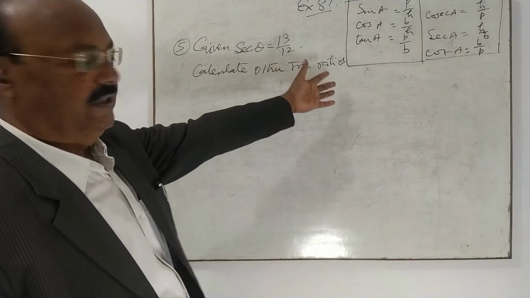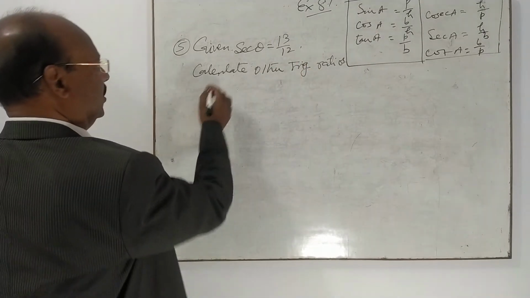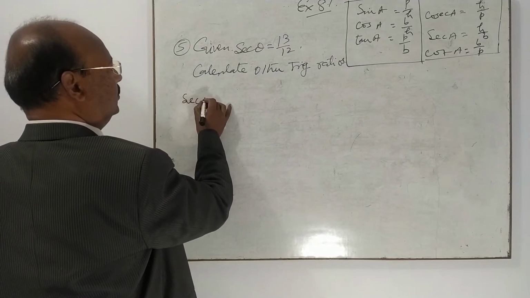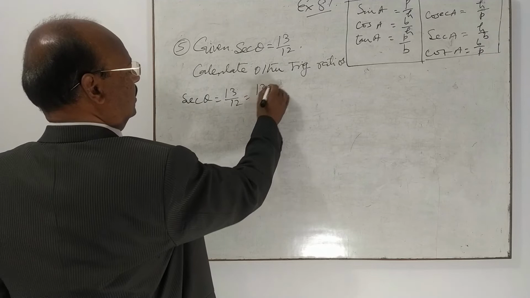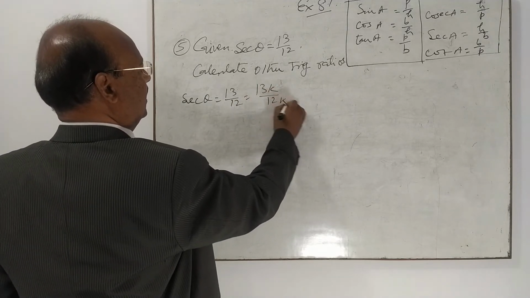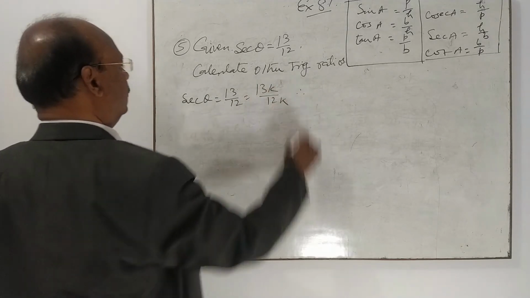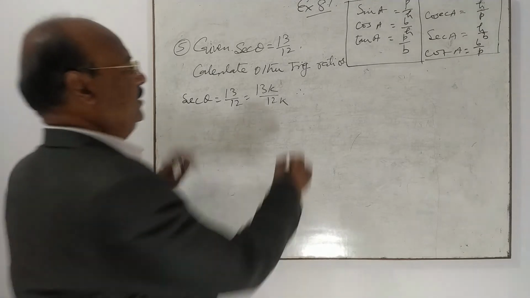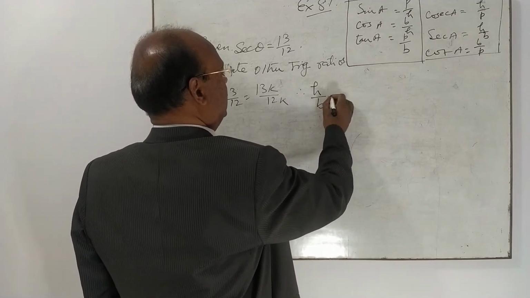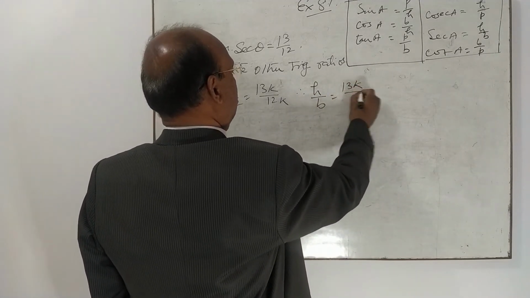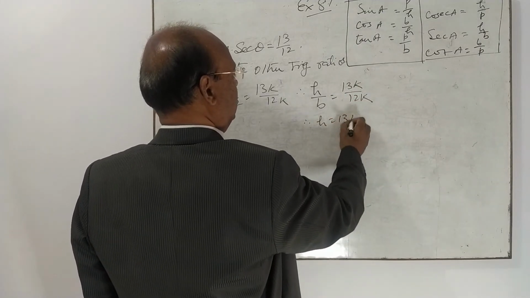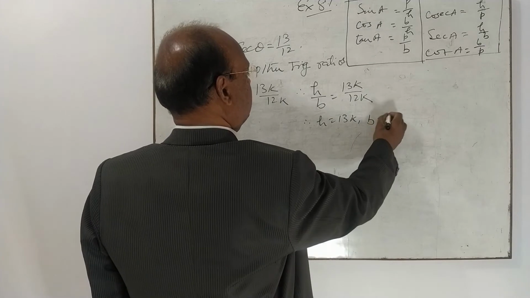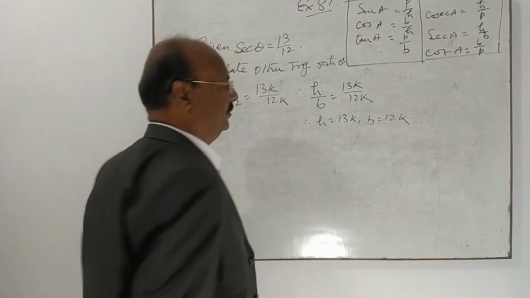Just as we did in the previous question, sec theta is given as 13 by 12, so write here 13k by 12k. And sec is H by B. This is 13k by 12k. Let us write H is equal to 13k and B is equal to 12k.